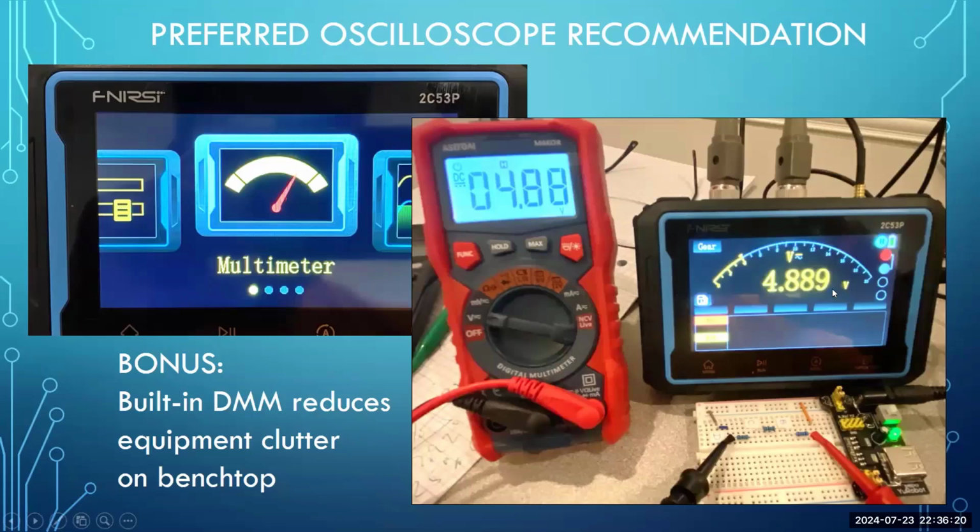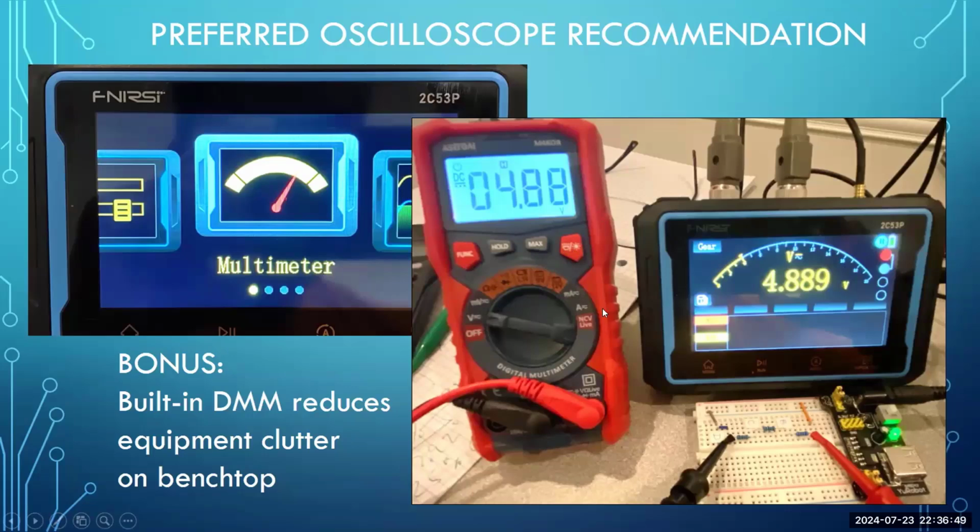In fact, you've got an extra digit of accuracy that the handheld doesn't, simply because it's a larger display. But it's a quality digital multimeter, and it'll do all of the functions that you want your digital multimeter to be able to do. So because the function is built in, the ports are already built in, then reduces the clutter on your desktop because you don't have to use this one unless you choose to do a separate DC measurement.